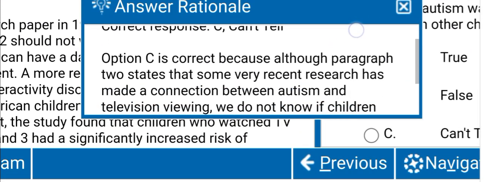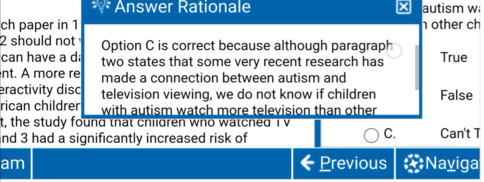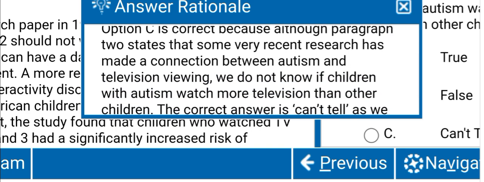So its correct response is C, which is can't tell. Option C is correct because although paragraph 2 states that some very recent research has made a connection between autism and television viewing, we do not know if children with autism watch more television than other children.